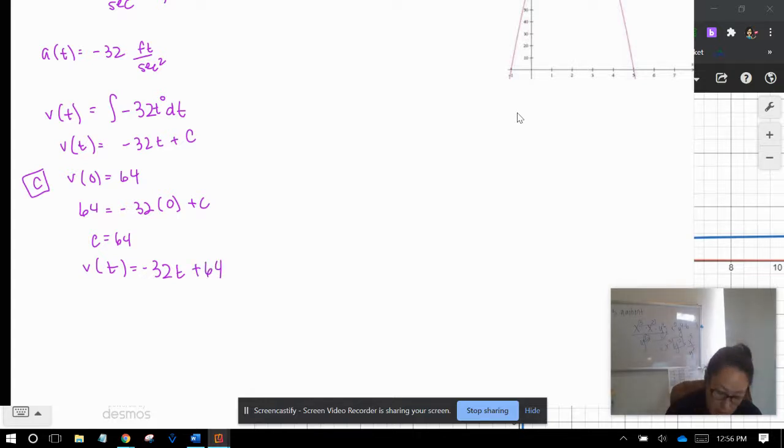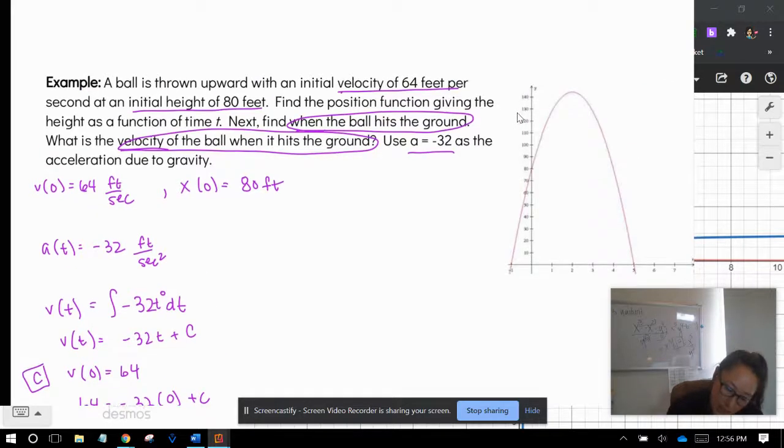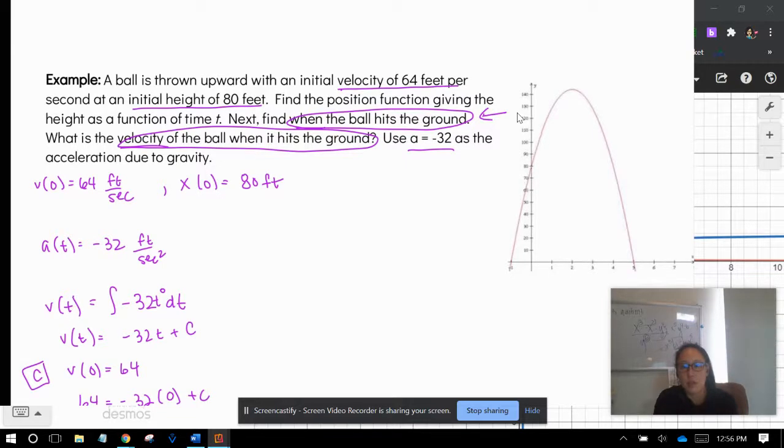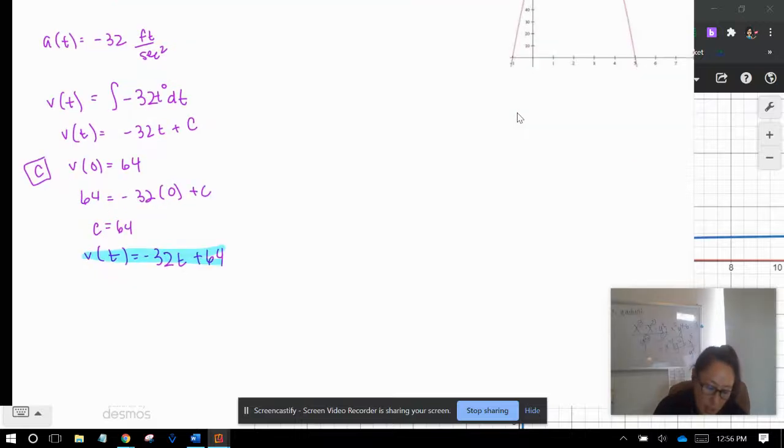All right, that's number 1. But I know that I'm going to have to find the height, because it says when will the ball hit the ground. So when the height is 0, basically, when are we hitting the ground?